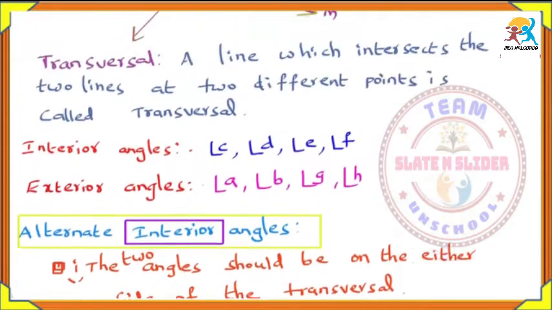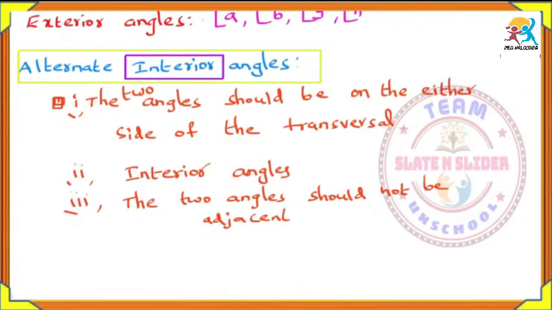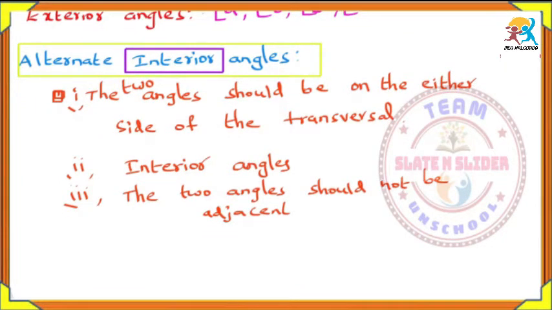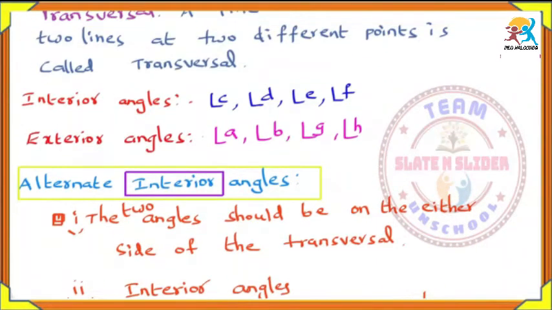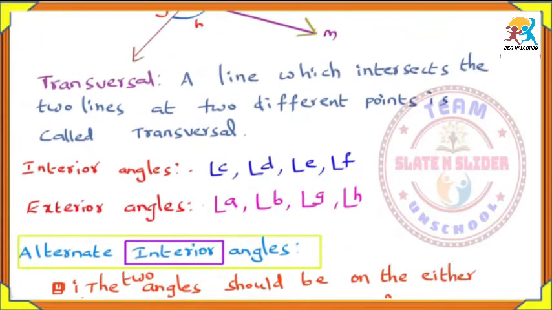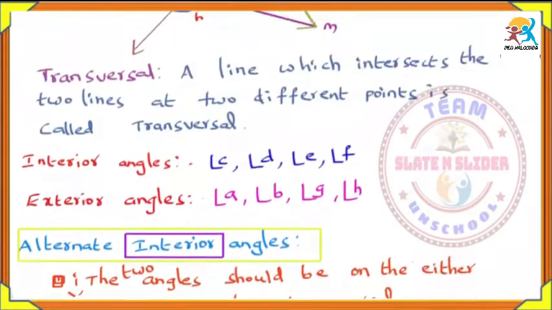Let us go through the figure first. In the figure, the first condition is the two angles should be on either side of the transversal. That means one angle should be on the left side and the other angle should be on the right side. Okay, and the two angles should be interior angles.